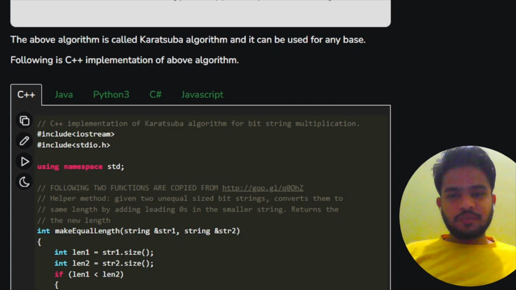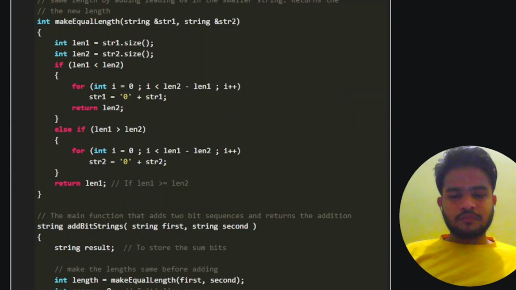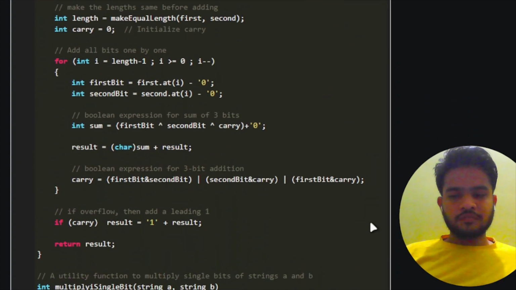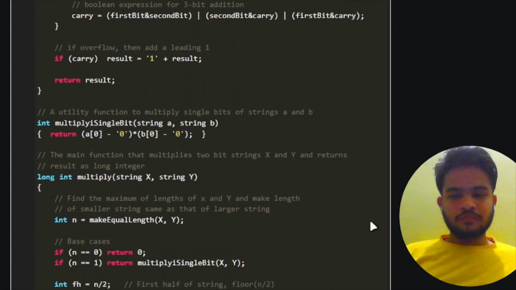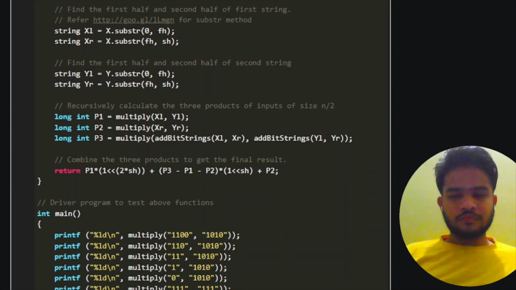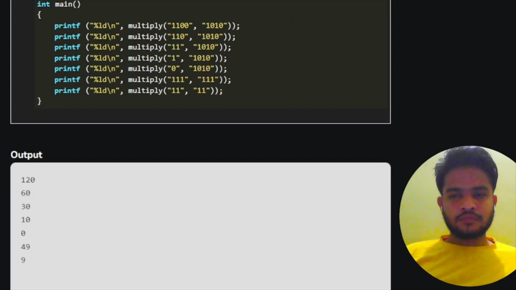The following is the C++ implementation of the above algorithm. And the output of the program is shown below.